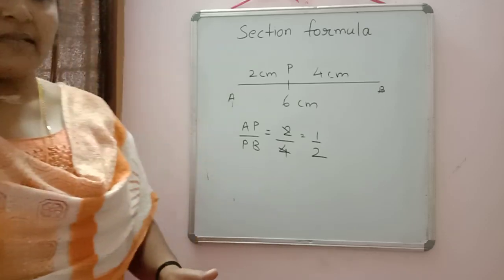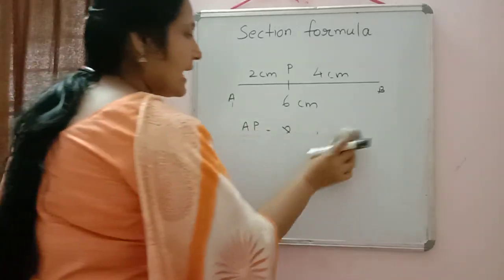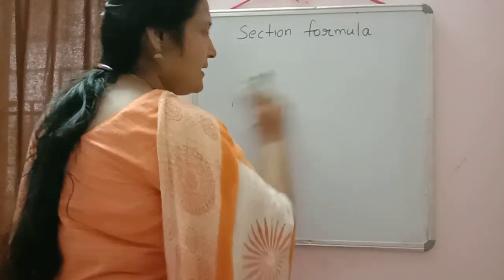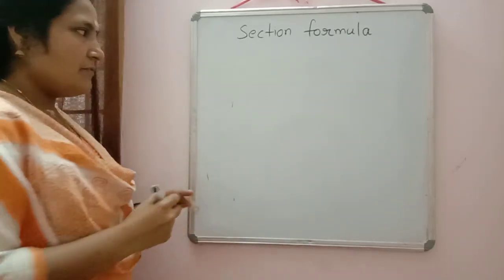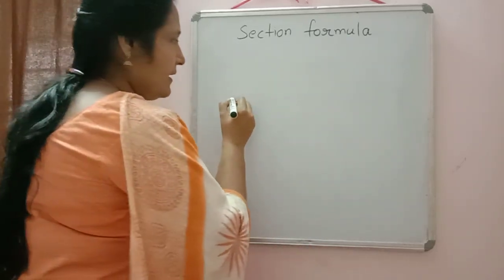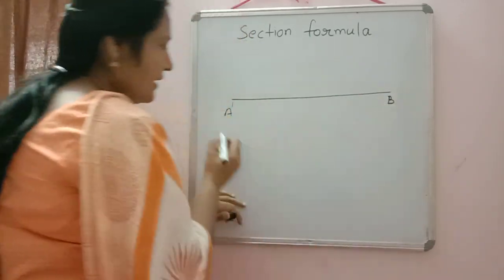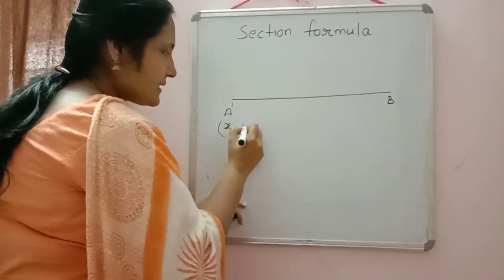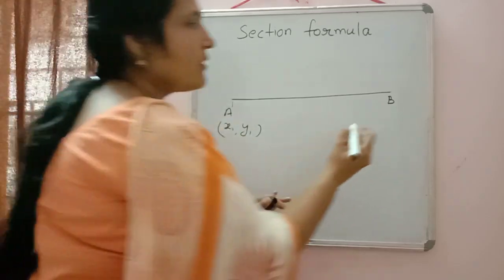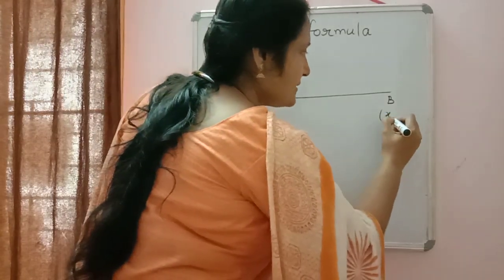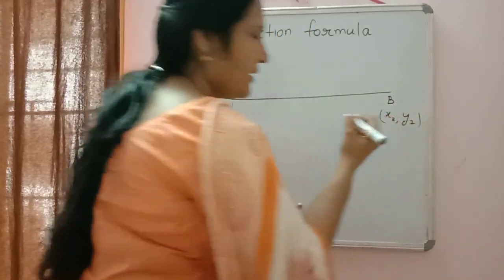Before doing the questions, we should know how we will calculate the coordinates of the point P. So we have a line segment AB. The coordinate of A I have taken as (x1, y1). The coordinate of B is taken as (x2, y2).